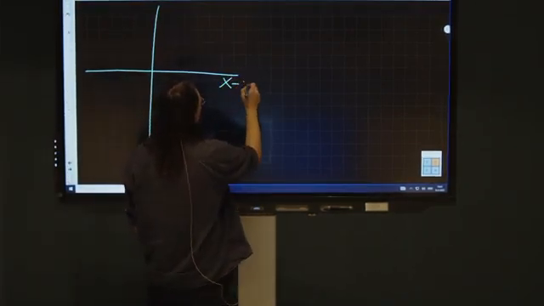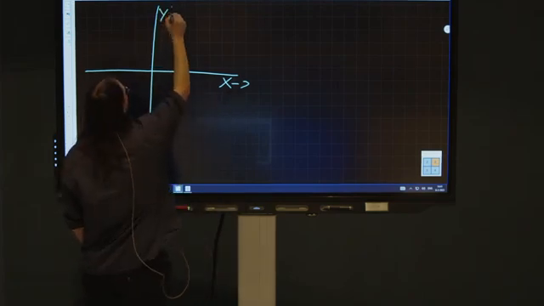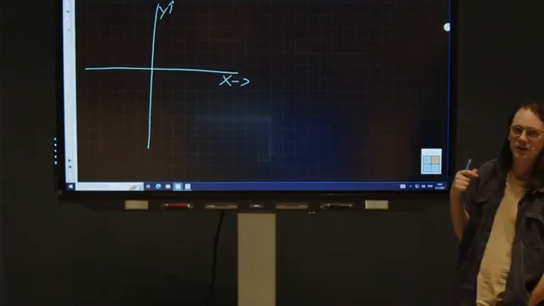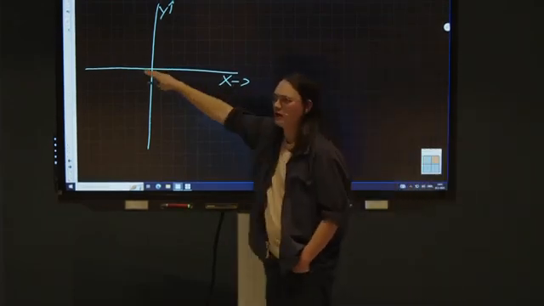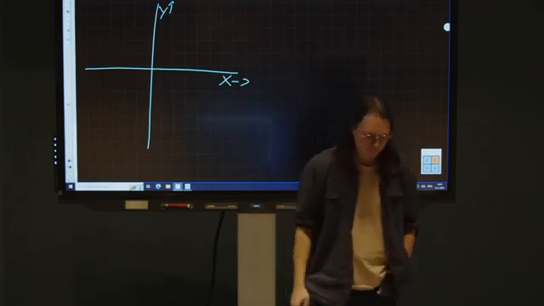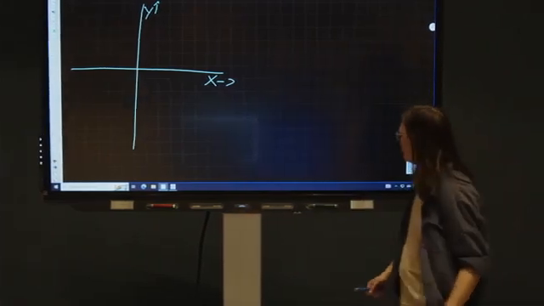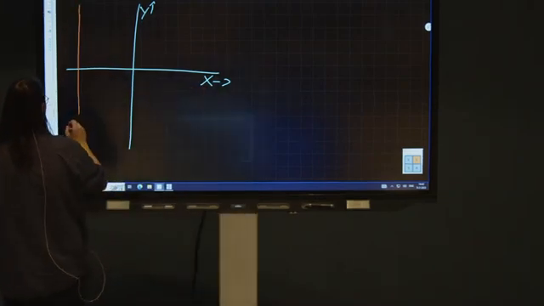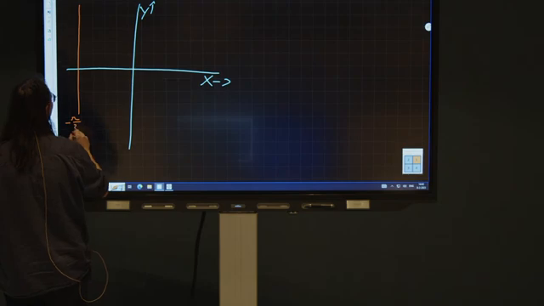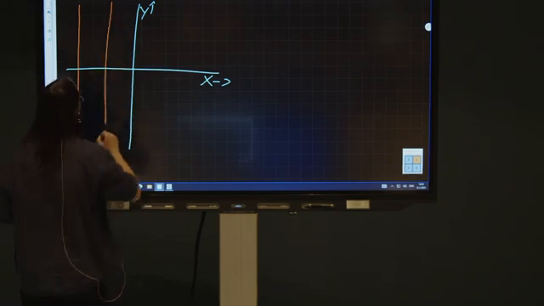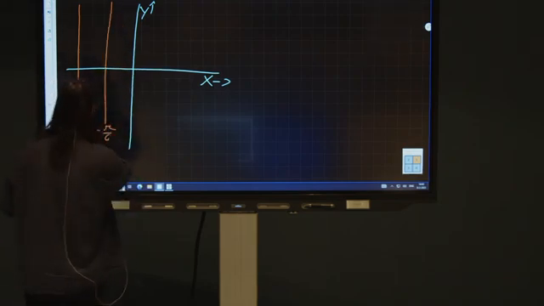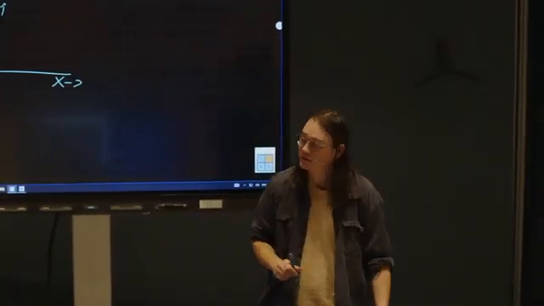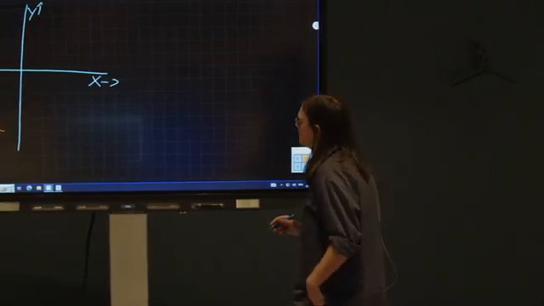So here we have the x-axis and the y-axis, and the question was about the region between y equals 0, which is just the x-axis, right? Then there were these two lines, x equals minus pi over 3 and x equals minus pi over 6, and then the curve y equals cosine of 3x plus pi.